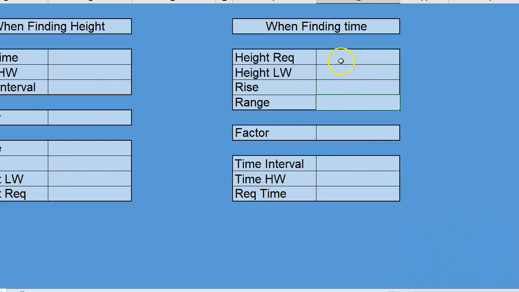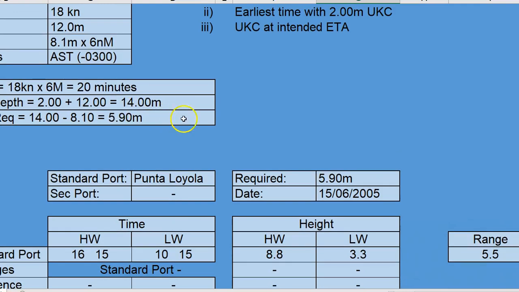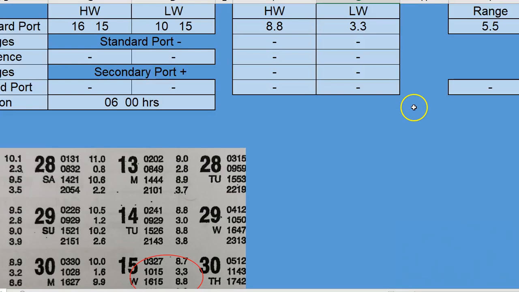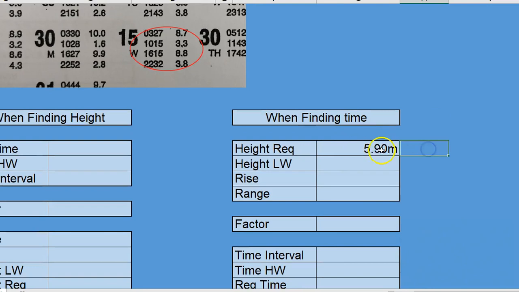We're going to start with our height required, the same height required we calculated right in the beginning. We said we needed 5.9 meters in total in order to actually have this 14 meters depth that we desire. So we start with our 14 meters, and that gives us 5.9 meters required height.